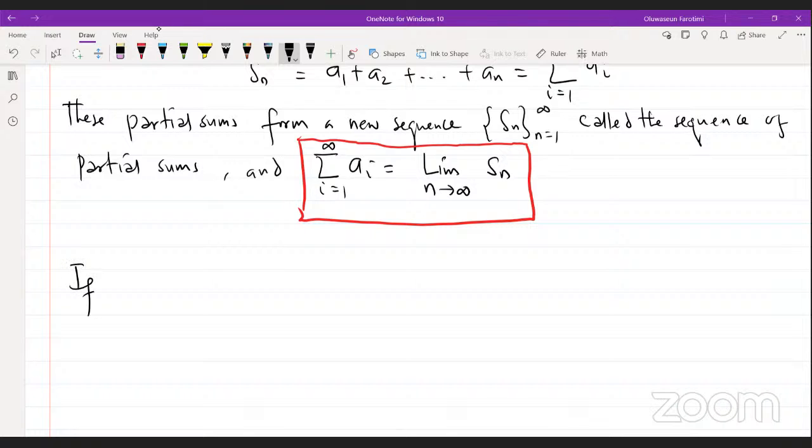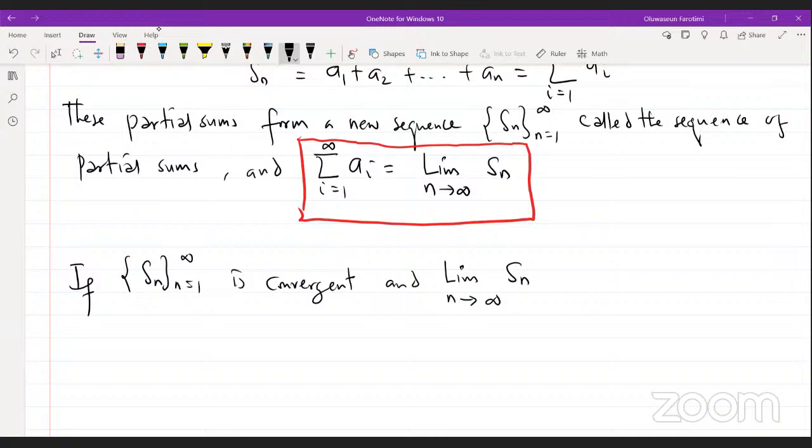Now, if this sequence of its partial sums is convergent, and if the limit as n goes large of this same sequence of partial sums is equal to S, where S is a real number.